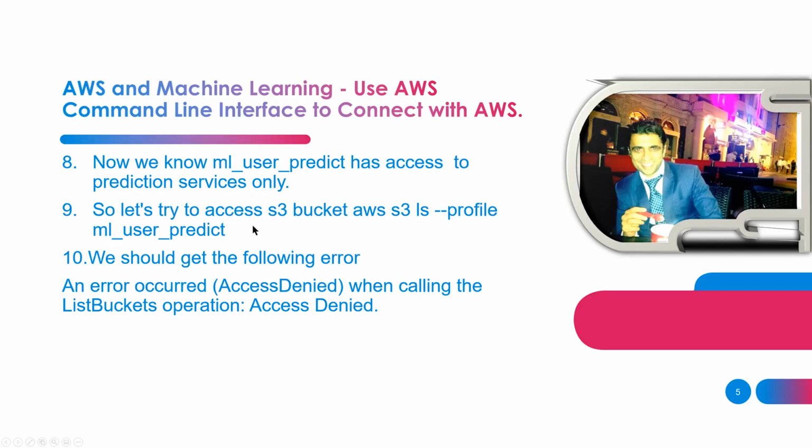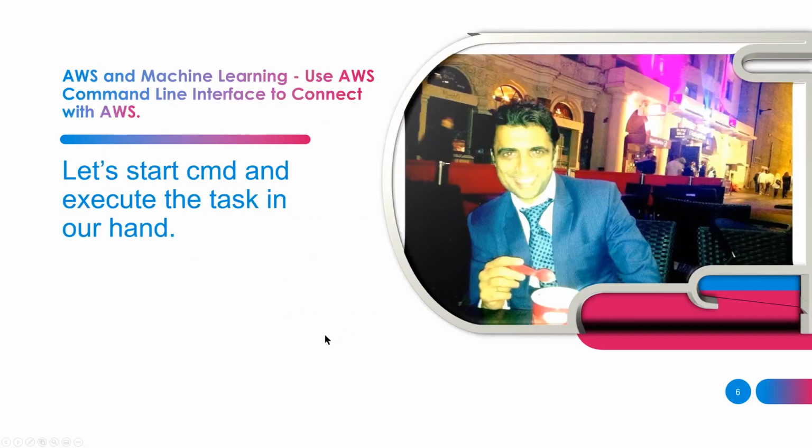So let's try to access, for example, an S3 bucket by giving this command, and we should get the following error. That should tell us that we are connected to AWS, but the access is denied. Let's start the command prompt and execute the task in hand.